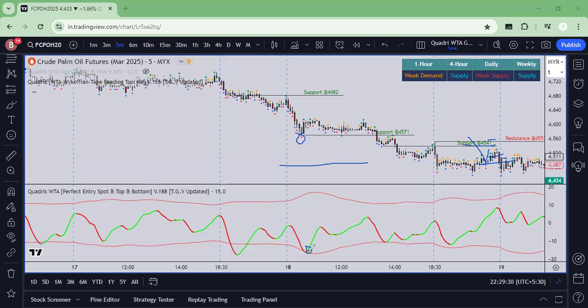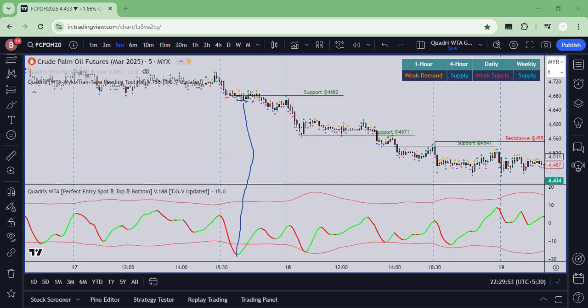This is a high probability trading situation when one gives you a bottom and as well it gives you a support. This is a high probability level, and price has a high probability to touch this level or at least come back near to it. Then we have this level, which happens to be this particular price action.